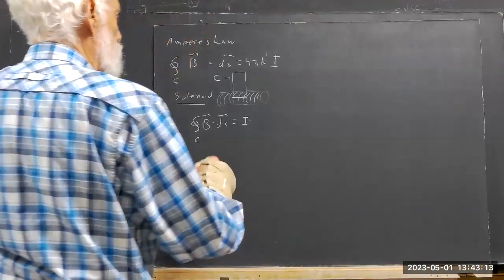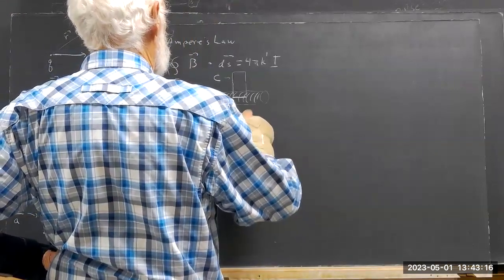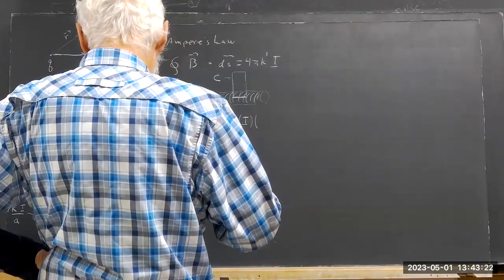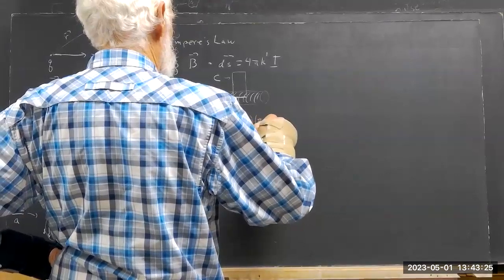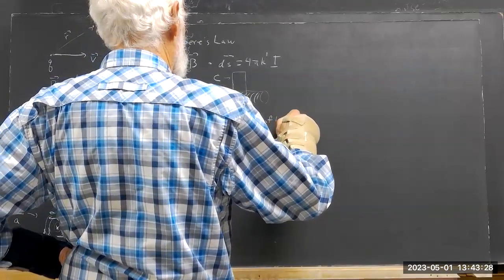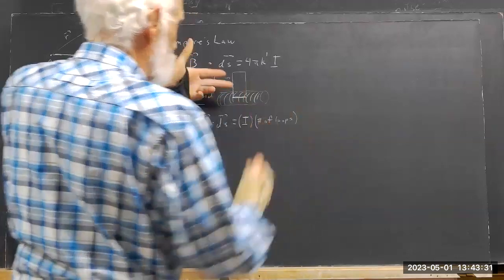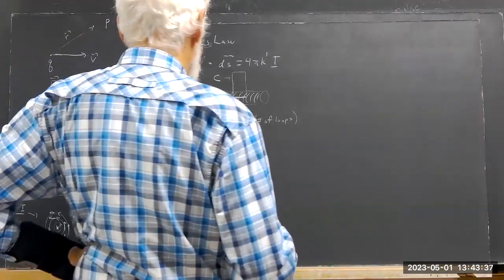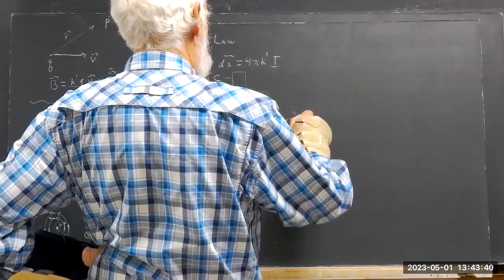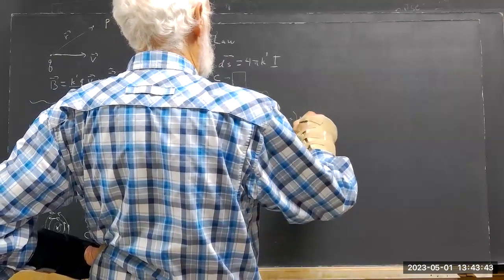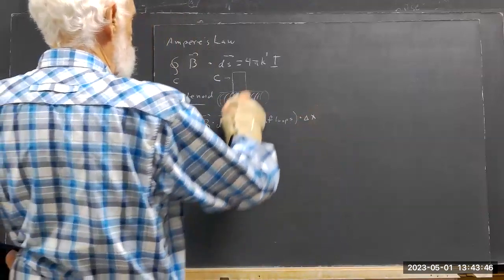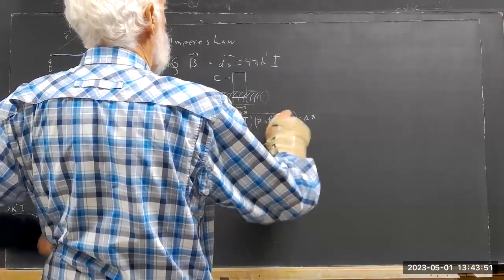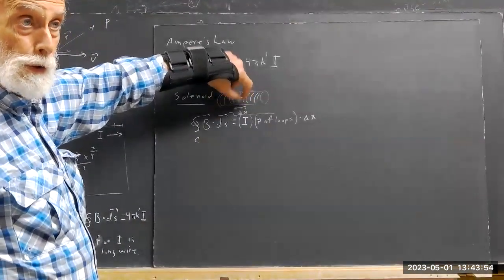So I don't like that notation, so I'm going to write it out. It's going to be I times the number of loops per unit length, times delta x, where delta x is whatever length of the coil you happen to be in.